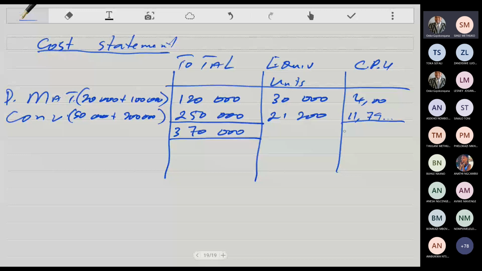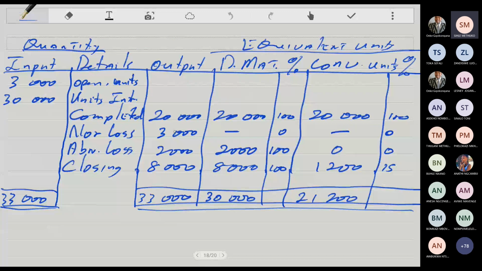Once again, remember we said that when we do the allocation statement, we are guided by the output column of the quantity schedule. The first units that you have there is 20,000, which is completed units, and we know that everything is there at 100%. So we started with those units.